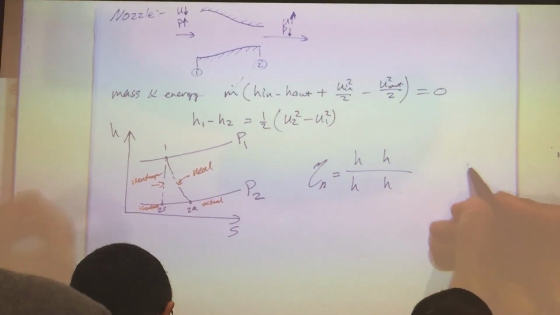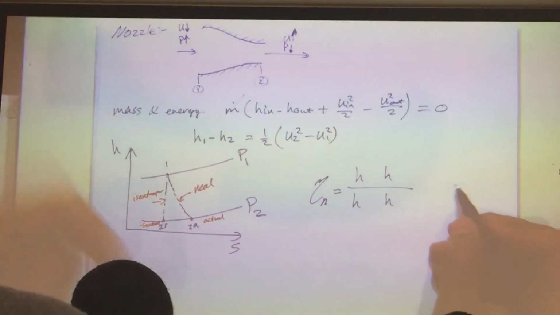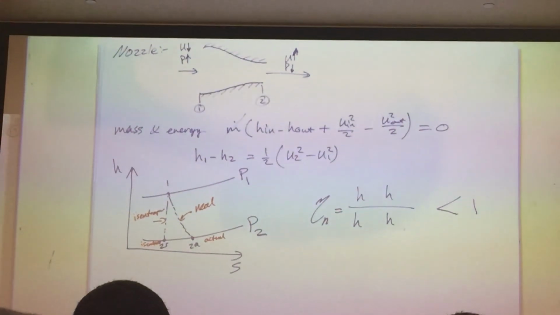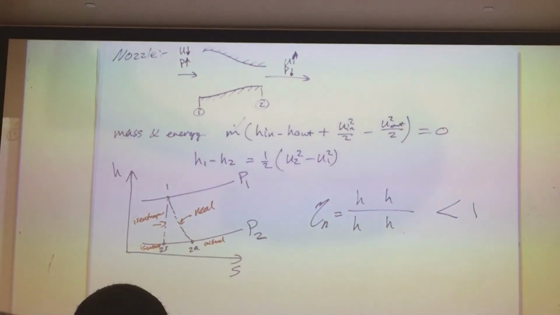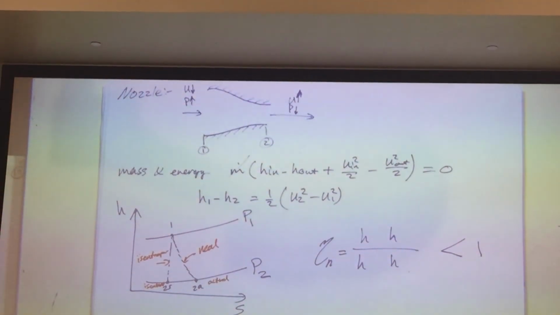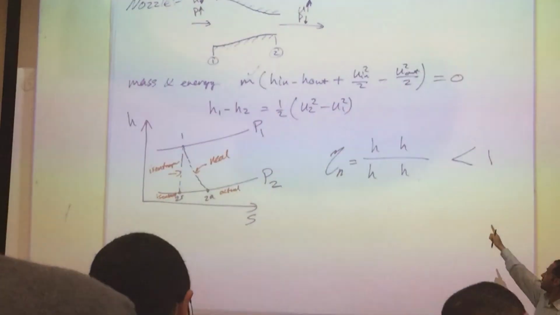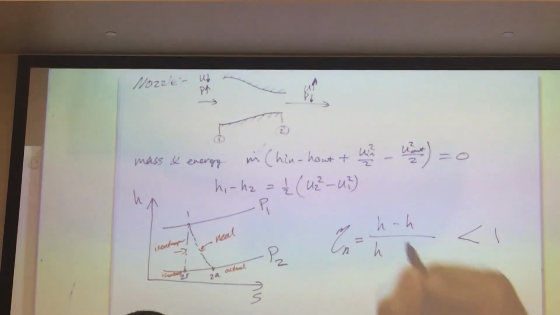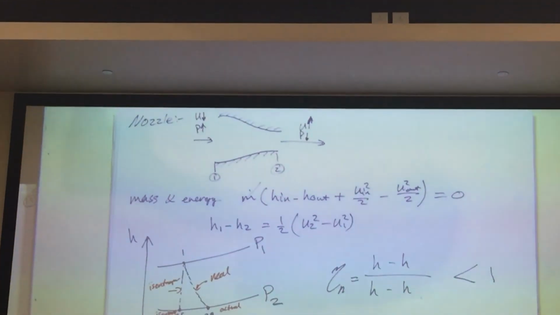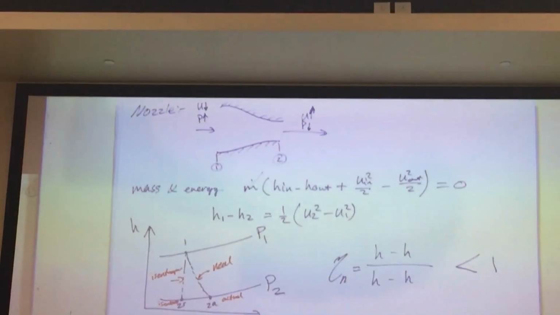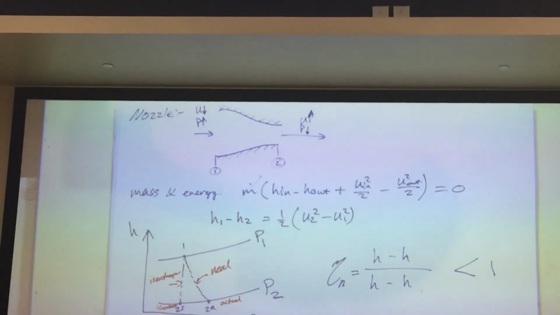And we know efficiency cannot be greater than 1, so it has to be less than 1. You've seen this before in thermo, high-speed aero, and heat transfer, but how do I put these subscripts there? So it's probably H2A minus H1 over H2S minus H1.